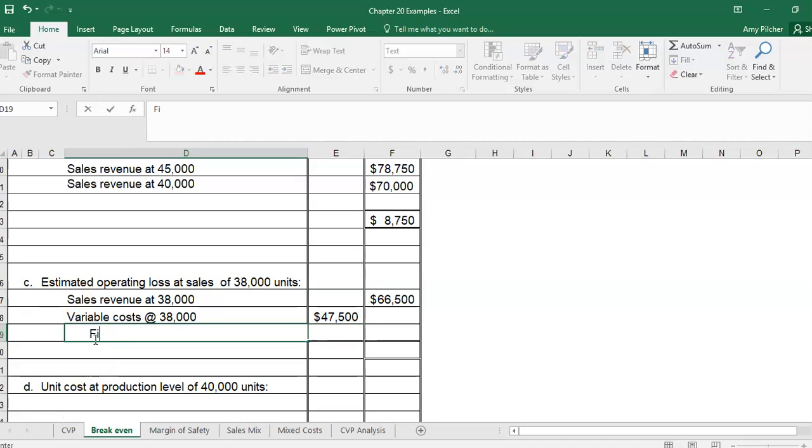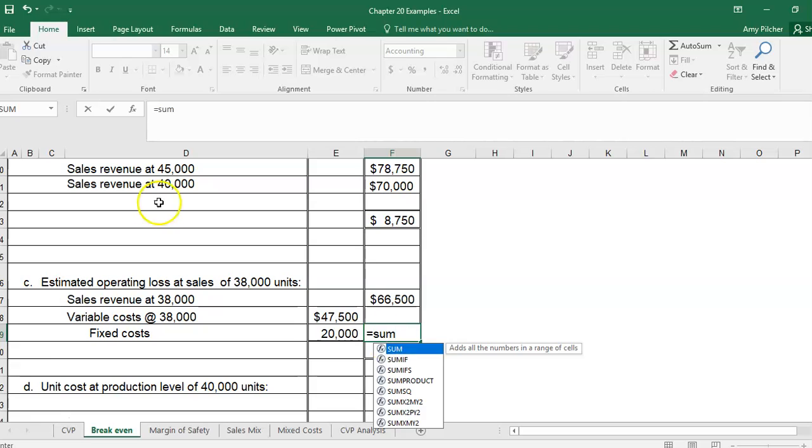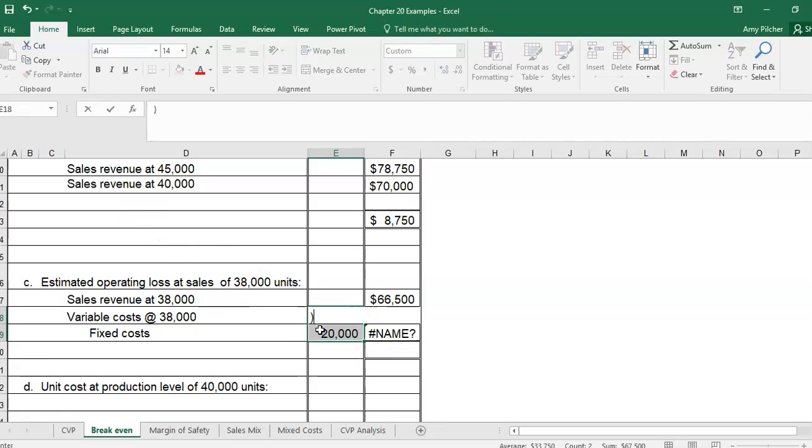And our fixed costs are $20,000. So our total costs are $47,500 plus $20,000 equals $67,500. So our loss is our sales revenue minus costs. So we would have a $1,000 loss at 38,000 units.